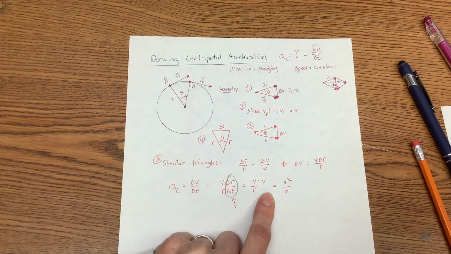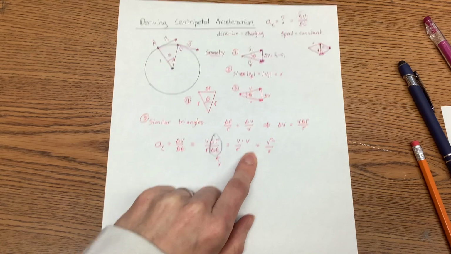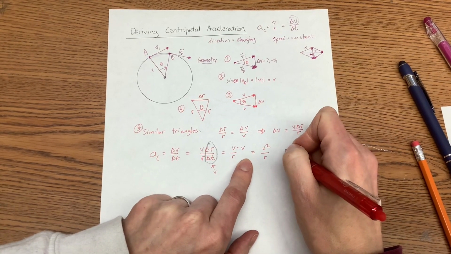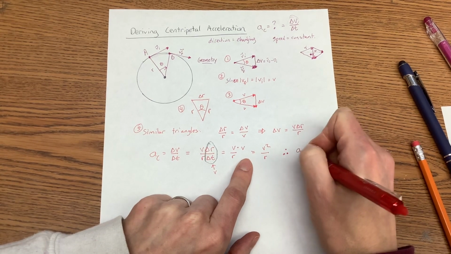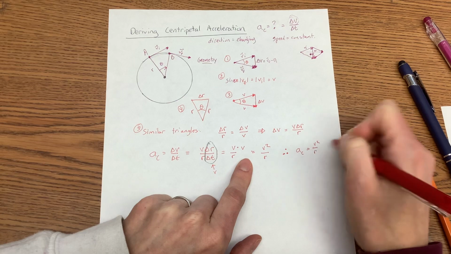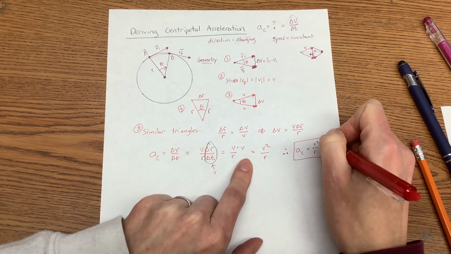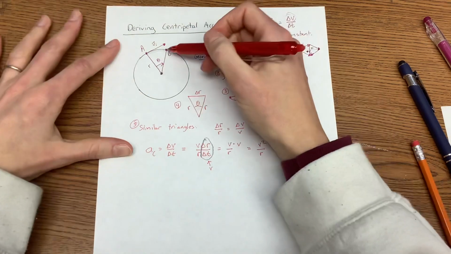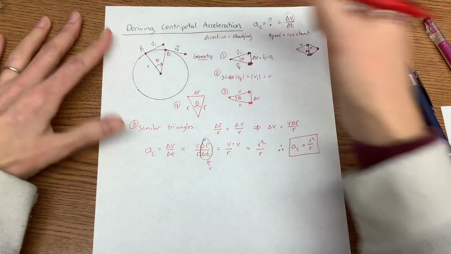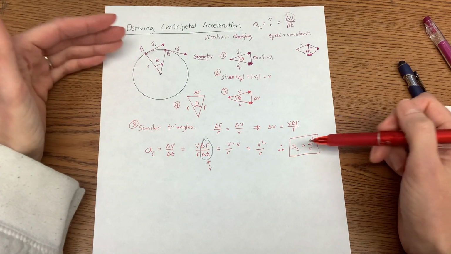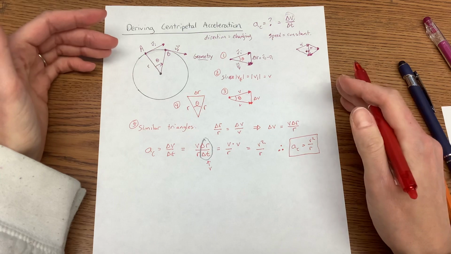Isn't that magical? Okay, maybe you don't think it's magical. I think it's magical. So what I was looking for, an expression for the centripetal acceleration, is v squared over r. This relates the linear speed of an object going around a circular path to the radius of the circle and the centripetal acceleration that the object is feeling.